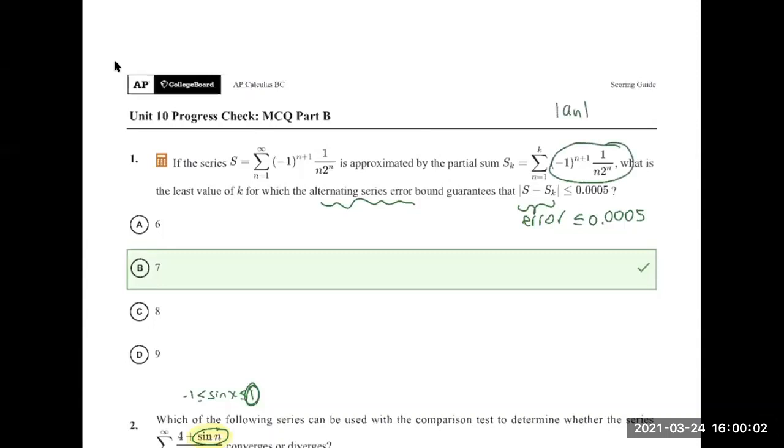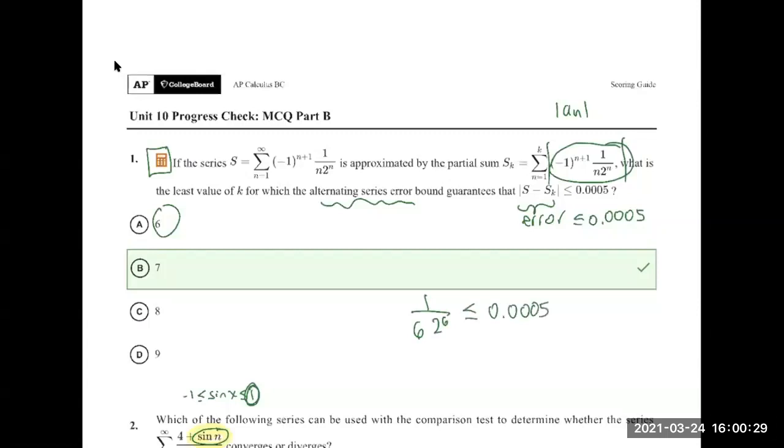Then if it's multiple choice, you just start plugging in the values. Let's say you plug in 6. This is a calculator question. If I take the absolute value of this entire expression, all you're doing is plugging into your calculator 6 times 2 to the 6 and seeing if this is less than or equal to 0.005.